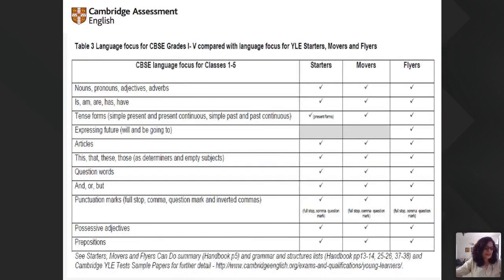Now here, this is a very interesting template, and this template maps the overall language focus from grades 1 to 5 of the CBSE curriculum, and it maps them to the language focus in each level of the Cambridge Wiley exam. So the language focus in starters, the language focus in movers, and the language focus in flyers. Right?